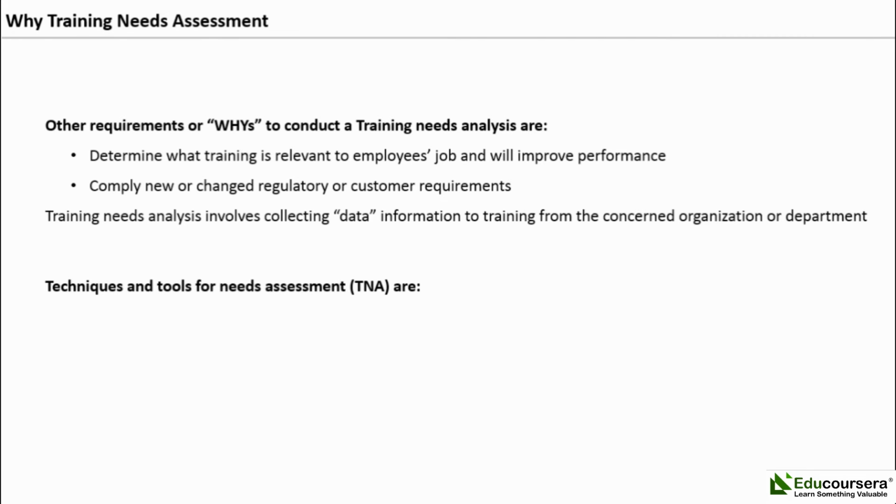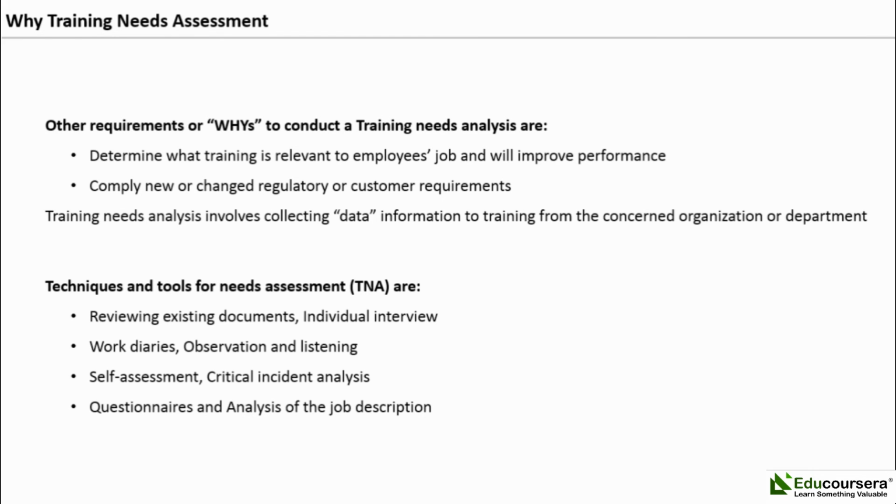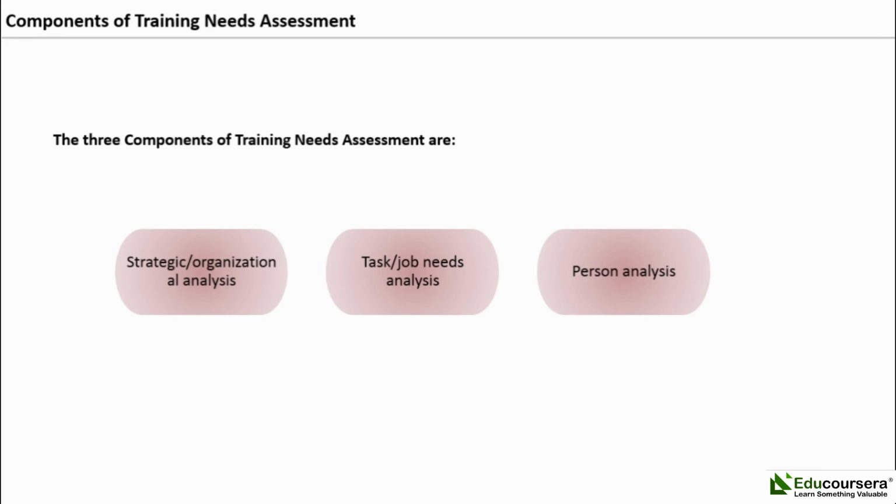Techniques and tools for needs assessment, TNA, are reviewing existing documents, individual interview, work diaries, observation and listening, self-assessment, critical incident analysis, questionnaires, and analysis of the job description. The three components of training needs assessment are organizational needs analysis, task analysis or job needs analysis, and person needs analysis.